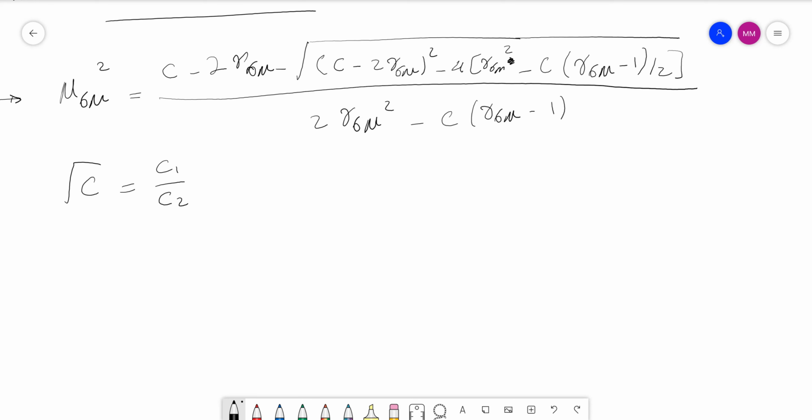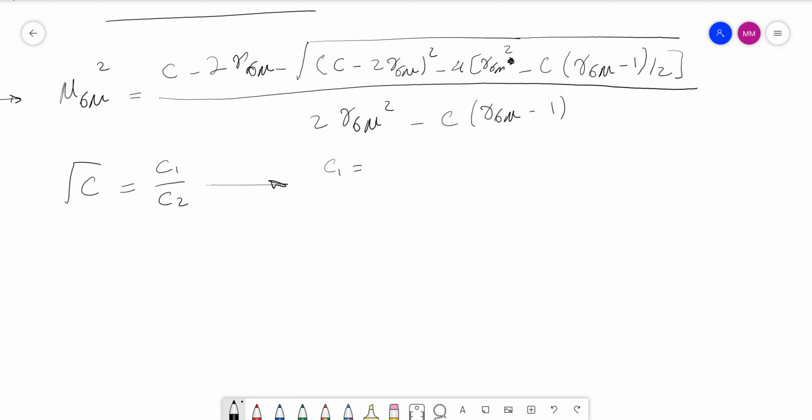But what are the C1 and C2? The C1 and C2 are essentially very large equations and are functions of the Mach numbers at station 5 and 15. So let's do C1 first.